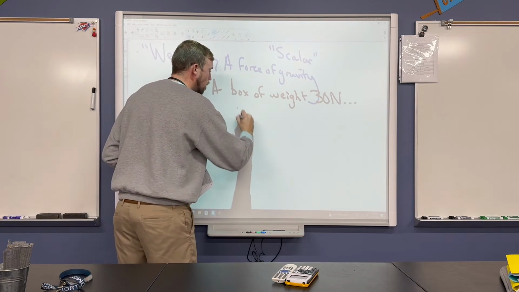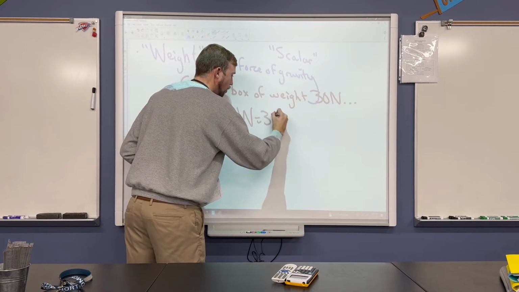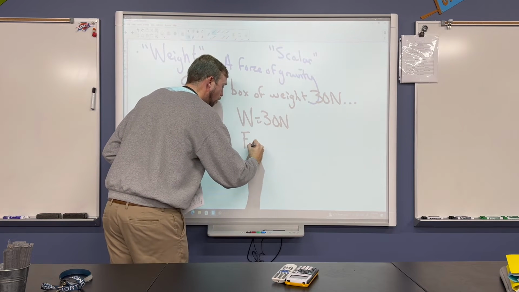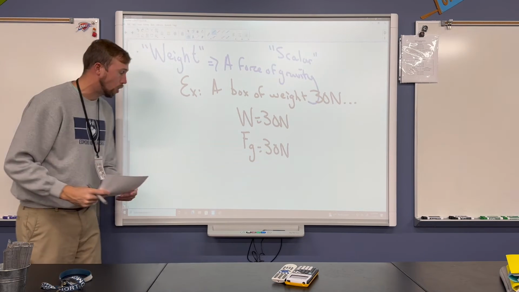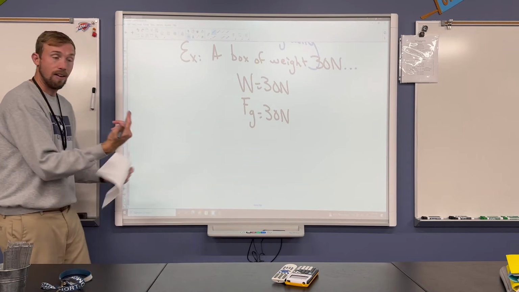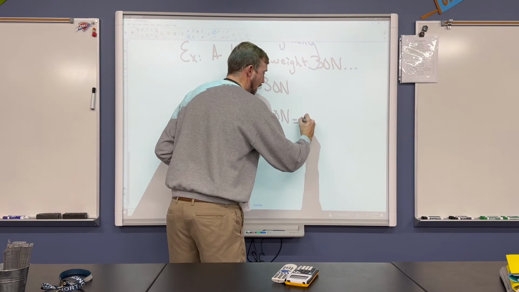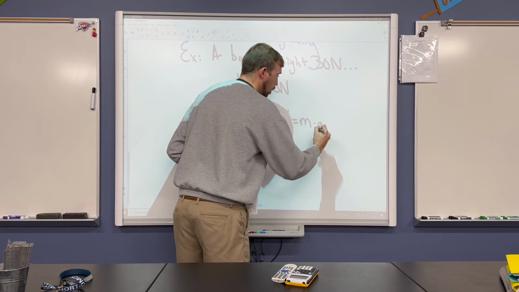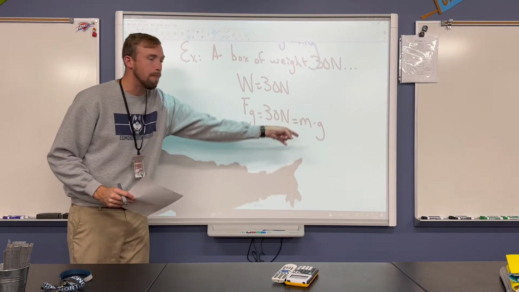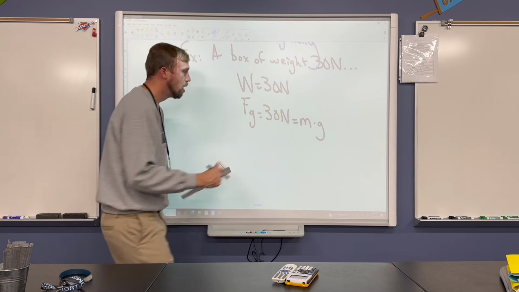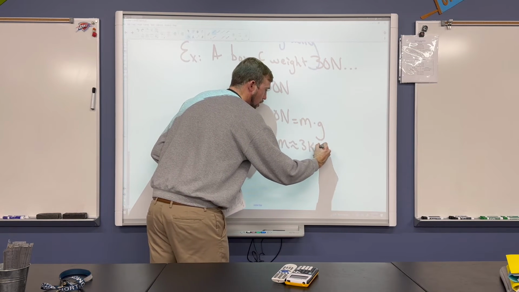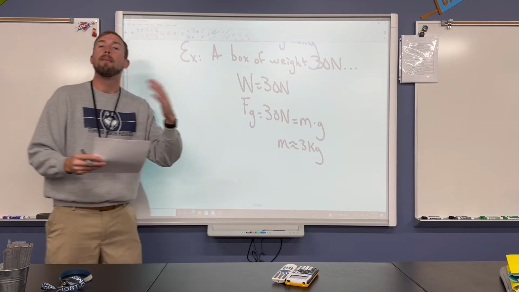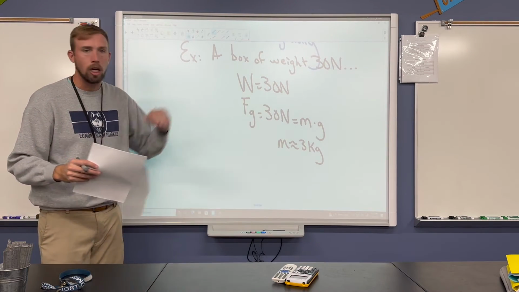What this means is the object has a weight of 30 newtons. So the force of gravity on the object is 30 newtons. And then if we wanted to, we could use our equation. Force of gravity is equal to mass multiplied by local acceleration due to gravity. I could divide by g for the Earth, divide by about 10. So if I divide it by 10, I get a mass of approximately 3 kilograms. It wouldn't be exact, but I could approximate that if I was here on the Earth.